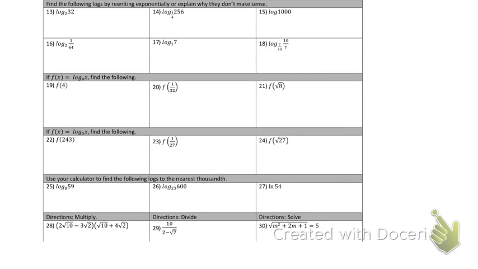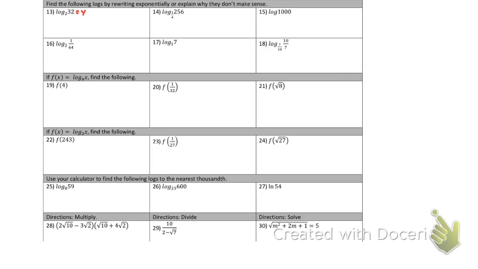These become a little more difficult because now we have to not only rewrite them, but also find the log. So actually solve it if we can. Think of this as equal to x or y, if you want to think of it that way, because we don't know the answer.